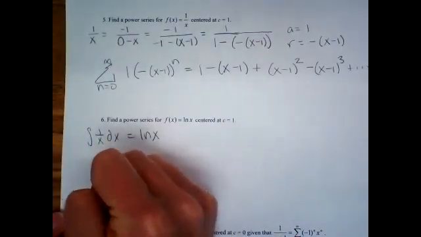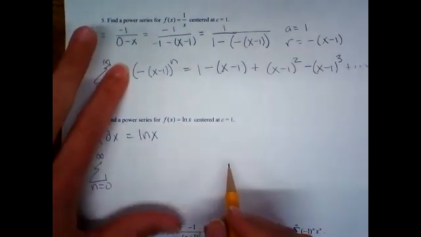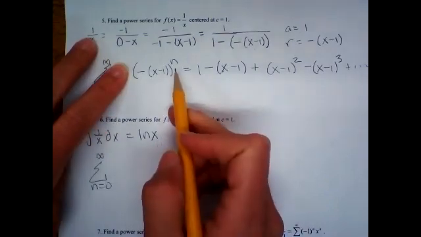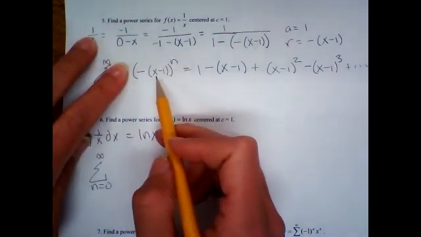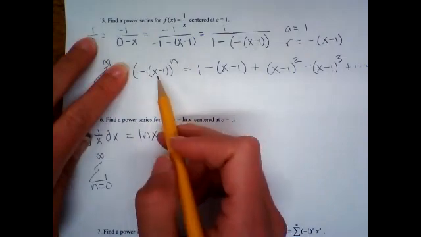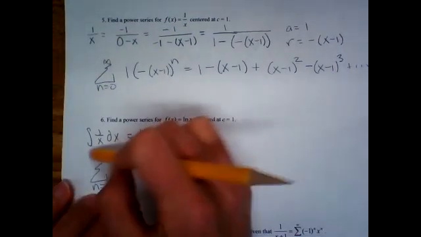So sigma n is 0 to infinity. I'm going to sort of just ignore that 1. And then how would we do the antiderivative of this? Or you know what? I'm trying to think. Let me rewrite that really quick.